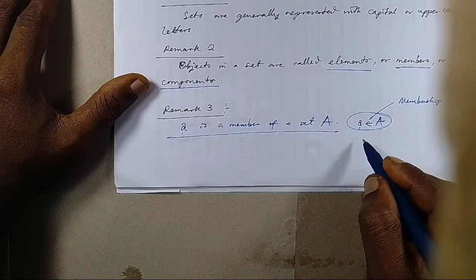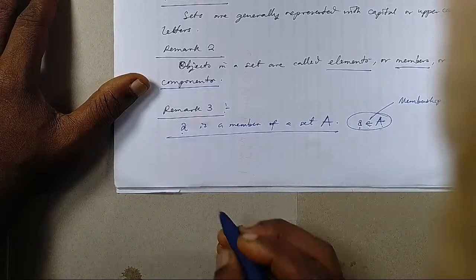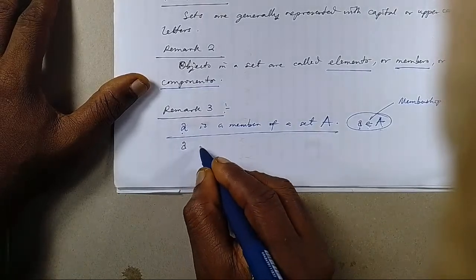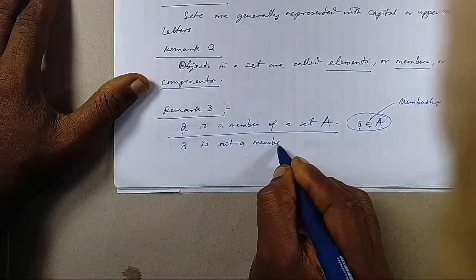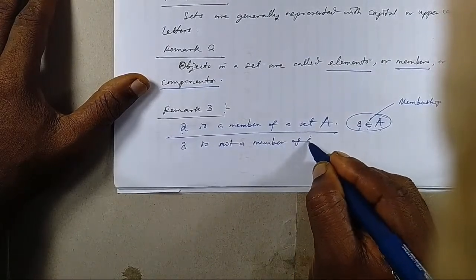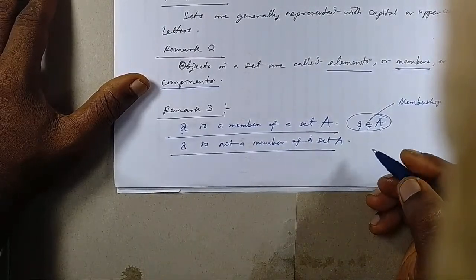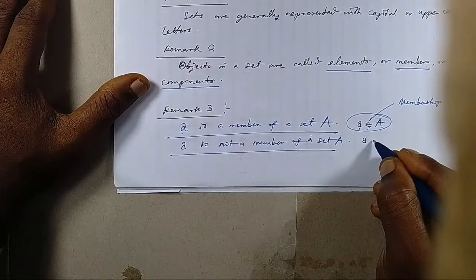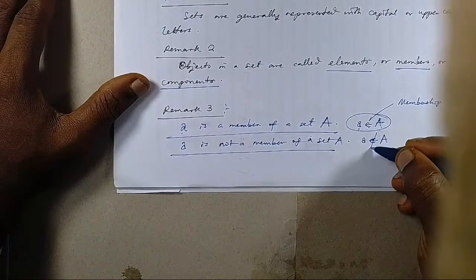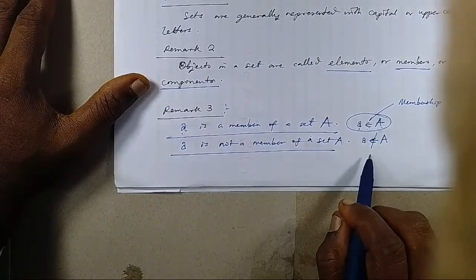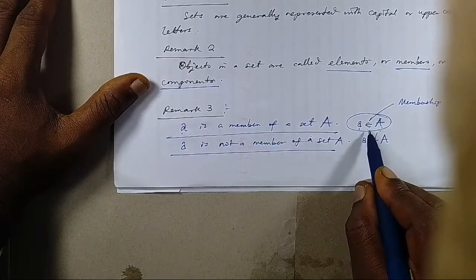But please take note that this symbol is called the membership symbol. Now, what if I write a is not a member of the set A? What if I want to put this in symbol? I could also do this. To say a is not a member of A, all you have to do is put a cross, a stroke, over the membership symbol.